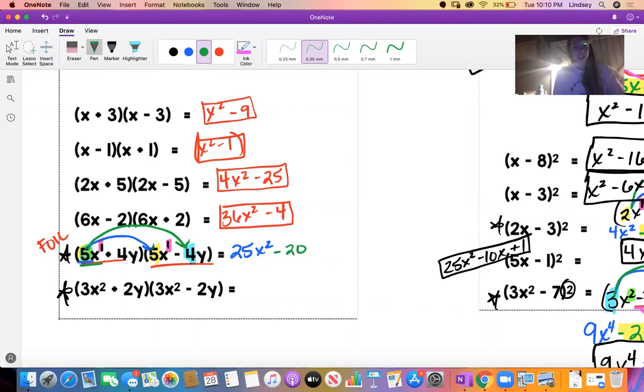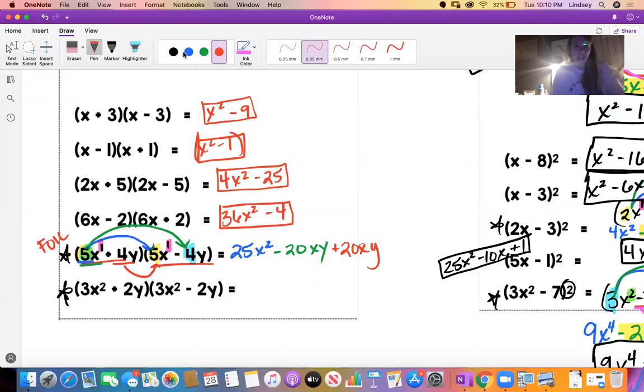I have an x times a y, so it's just going to be xy. Okay, not scary. Next, we have inner. We have -4y times 5x. 4 times 5 is going to give me a +20. Y times x is going to give me yx. But remember, put the letter that comes first in the alphabet first. So xy, once again.